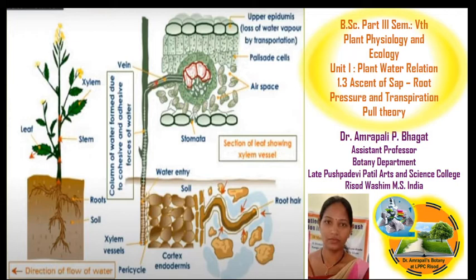These xylem vessels and tracheids participate in water conduction, or water transport. Due to that activity, the water is transferred from the soil region to the root system, and from the root system to the aerial parts.